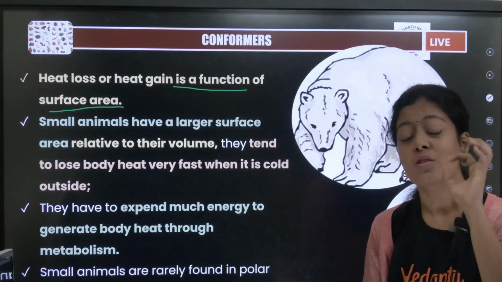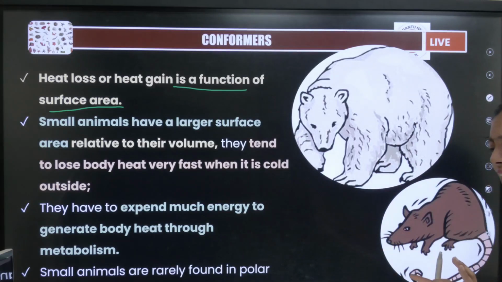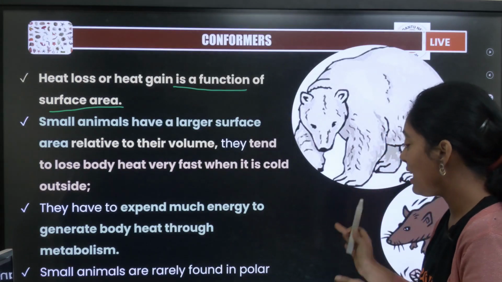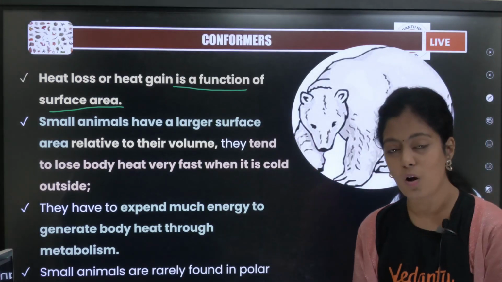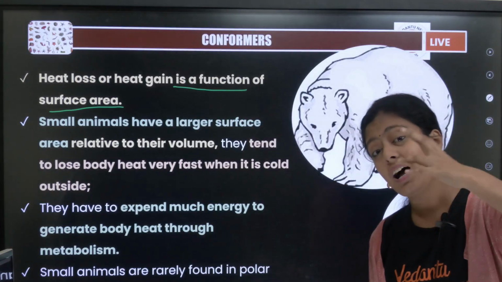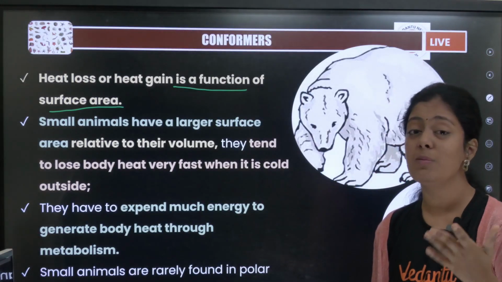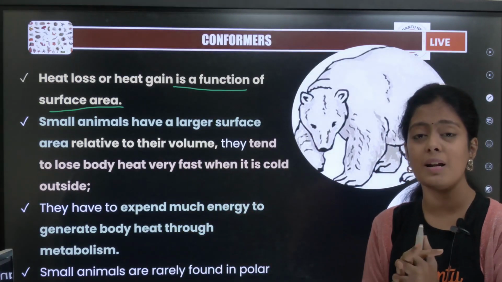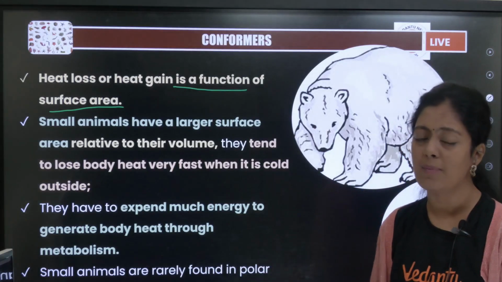So that is why smaller animals like the mouse and rat are not seen in very cold regions. Small animals are rarely found in polar regions because a small body has a large surface area. If they have a large surface area, the loss of heat will be very rapid. So they cannot adapt to a climate like a polar region or a very cold climatic region.